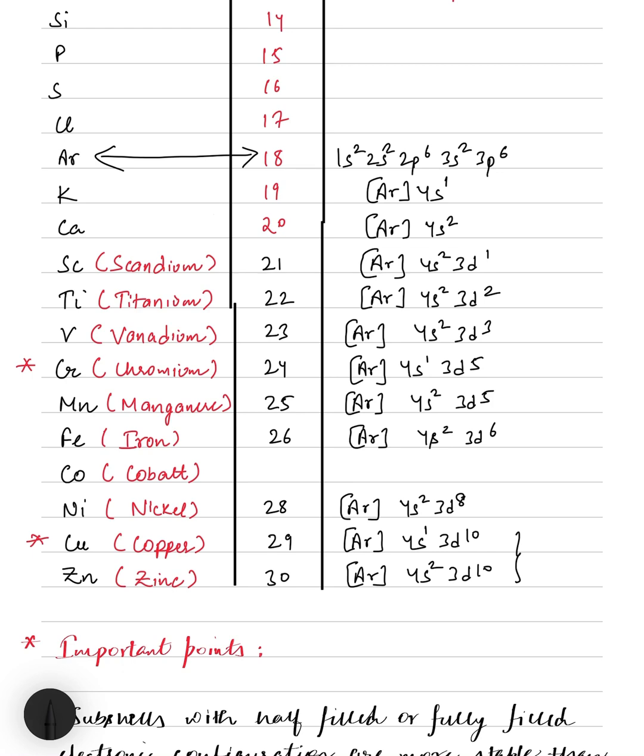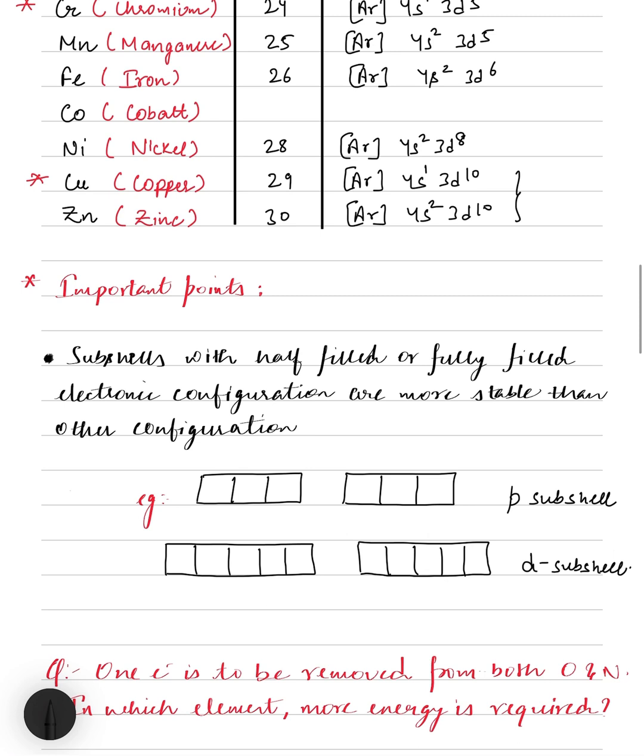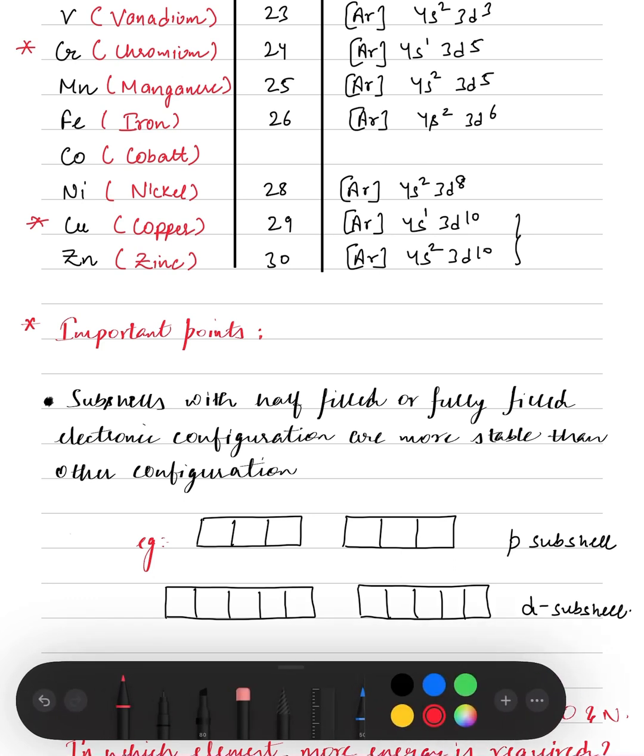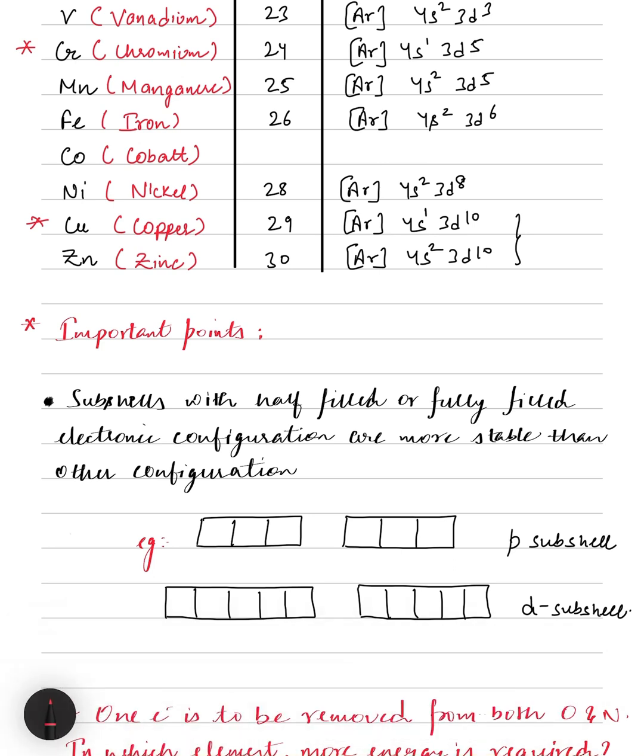Now, a few important points regarding the rules which we have studied till now. The first important point is that subshells with a half-filled or fully filled electronic configuration are more stable as compared to other configurations. This is a very important rule. Subshells which have half-filled or fully filled configuration are highly stable in nature.